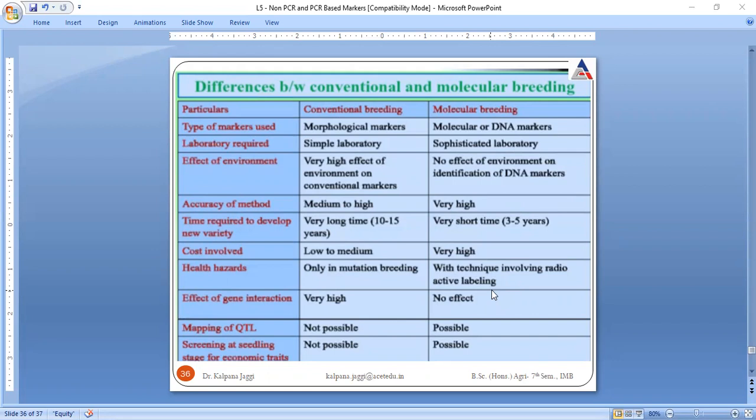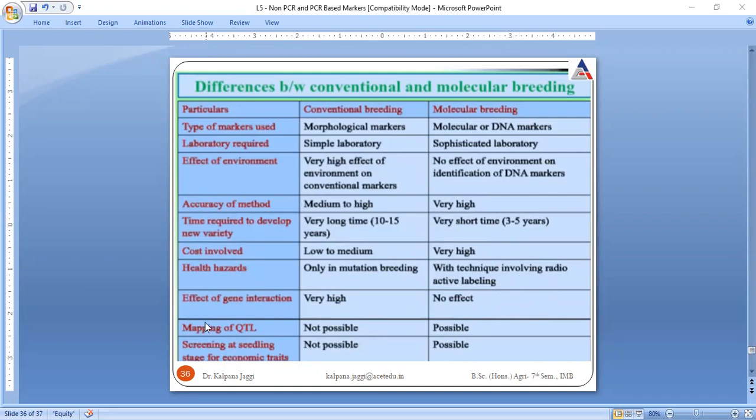Hybridization means we have a known sequence of probe that will bind to a complementary region, right? But that probe is further attached to a radio labeled isotope, and that radio labeled isotope will emit light under UV exposure. So this also produces certain health hazards when you are using the radio labeled probe.